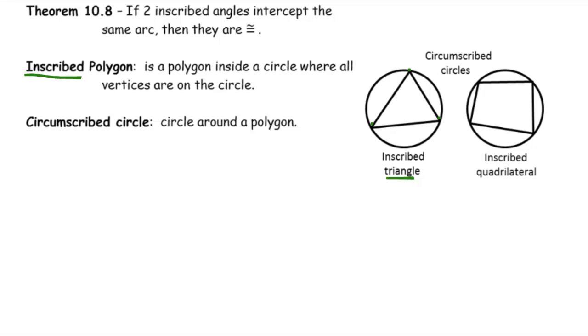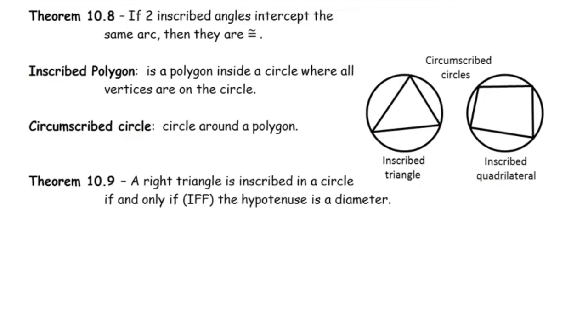So here's an inscribed triangle, and then we have an inscribed quadrilateral. All vertices are on the circle. A circumscribed circle is the name that we call the circle that has been drawn around these polygons. Those are circumscribed circles.